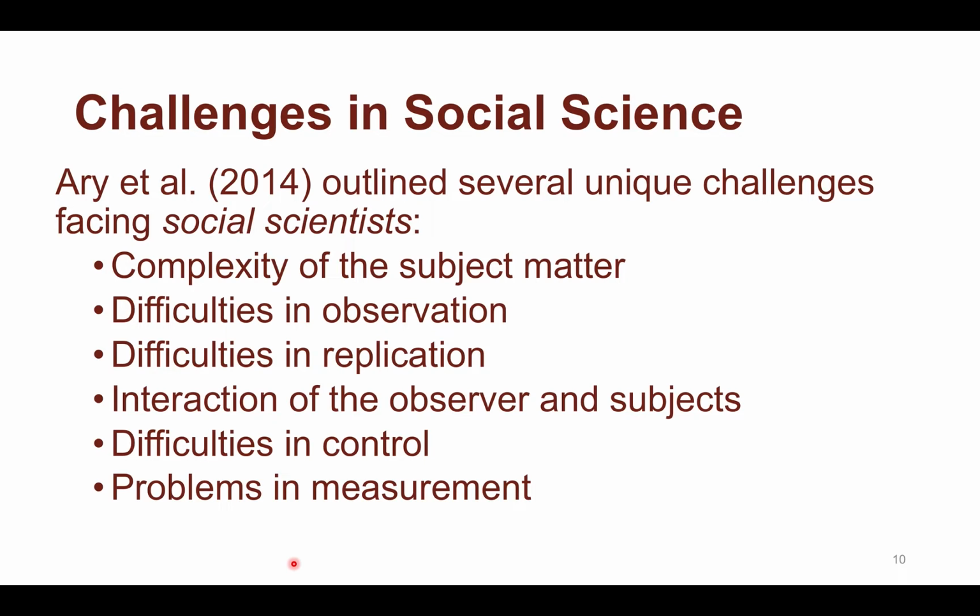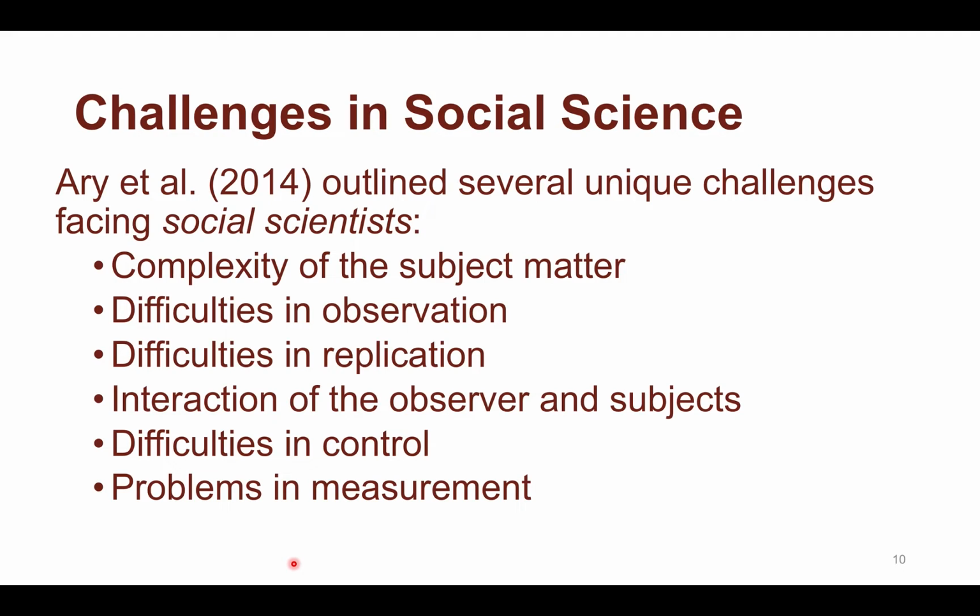So there's the complexity of people, and difficulties in observation. Tying in with what I just said, it's not always possible to directly observe things in social science. Often we're interested in knowing what's going on in the person's mind. So you can't observe that directly.